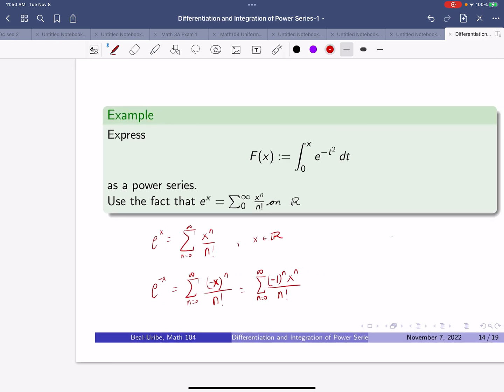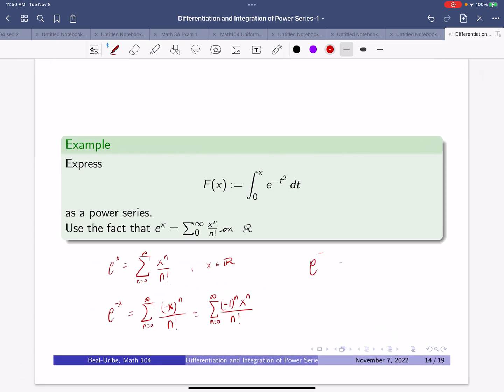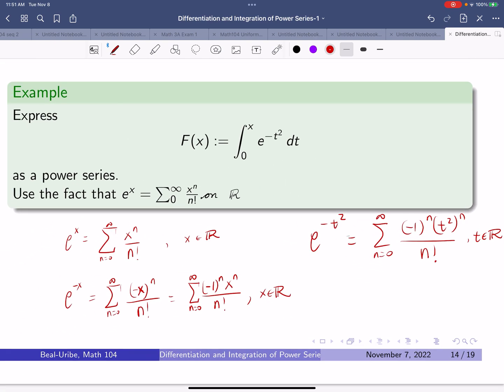So I'll get that e to the negative t squared is going to be equal to the sum from 0 to infinity of negative 1 to the n, t squared quantity to the n over n factorial, and this will be valid whenever t is in R. So that's just going to be negative 1 to the n, t to the 2n over n factorial.